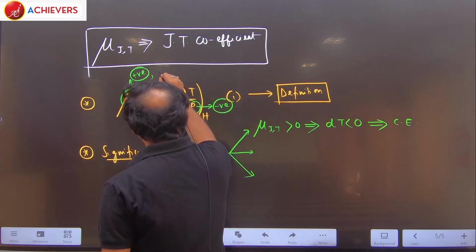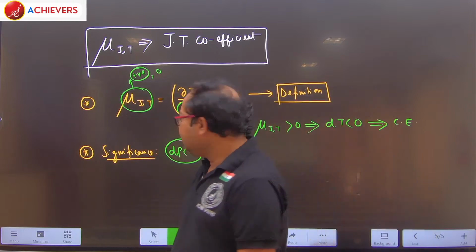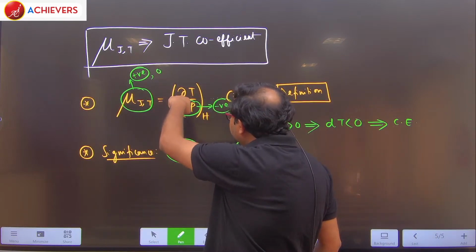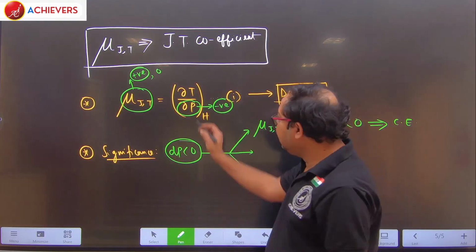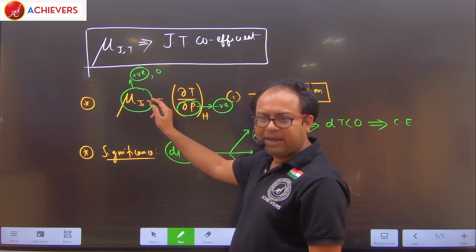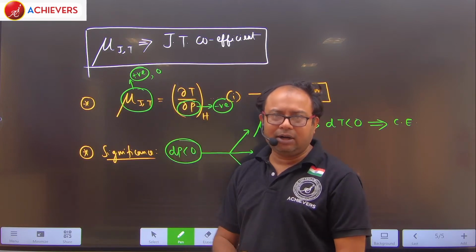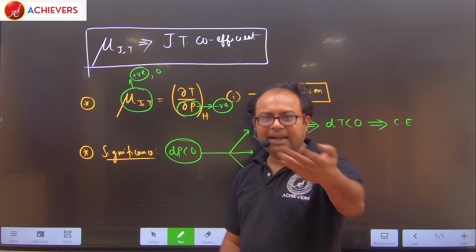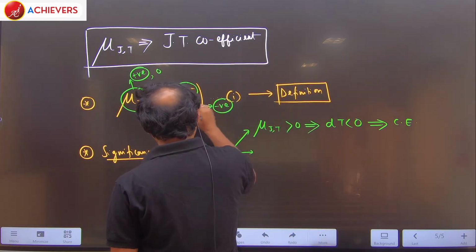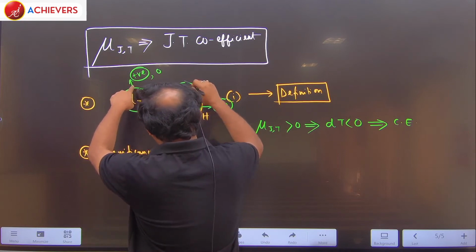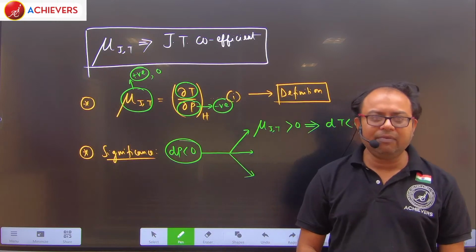Now, if mu JT is 0, then what is going to happen? Something by negative is 0, that means that something is 0. So dT has to be 0, because 0 by negative is 0.